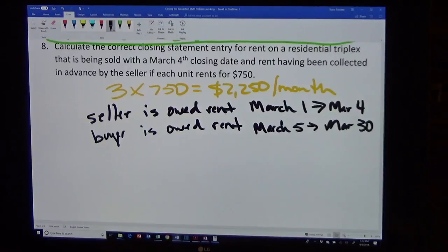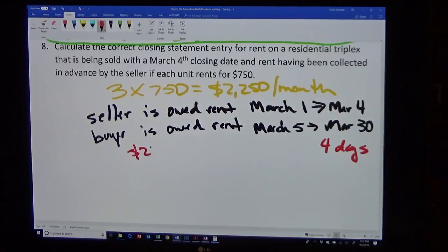Alright, so let's look at the seller's portion again. The seller is owed for 4 days, from March 1 through March 4. We know that the rent is $2,250 per month. So we can divide that by 30 to get to a daily rate. And that's $75 a day.